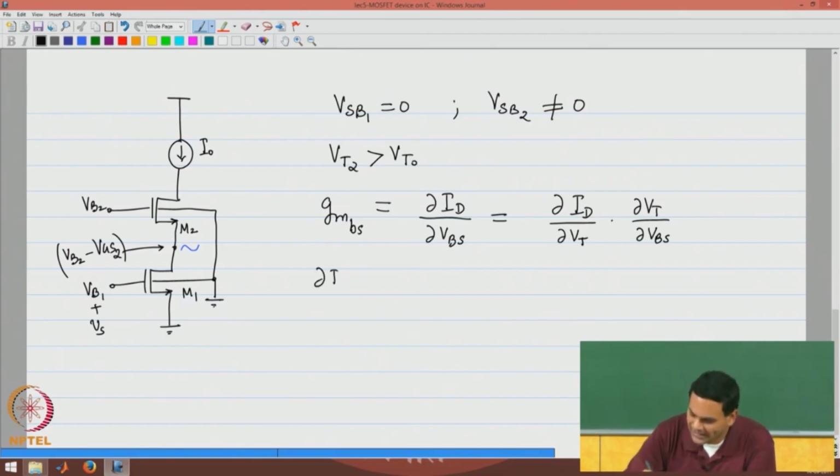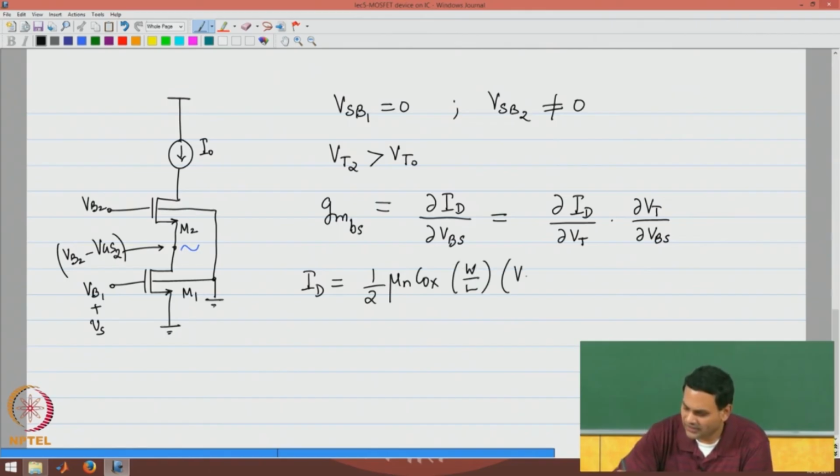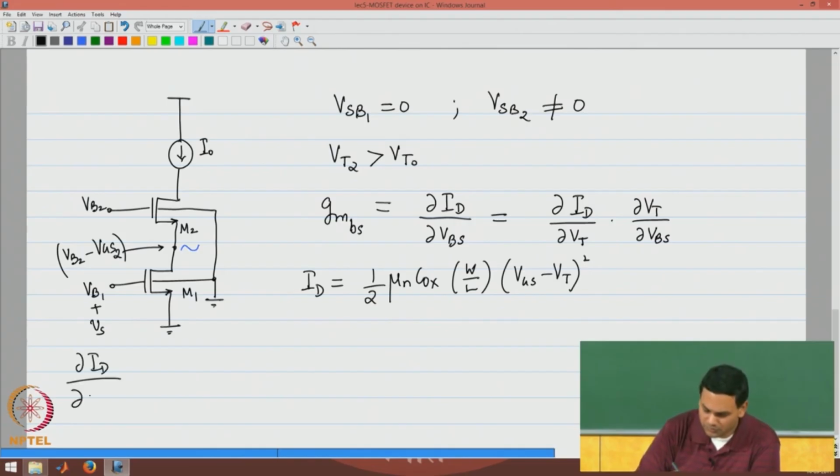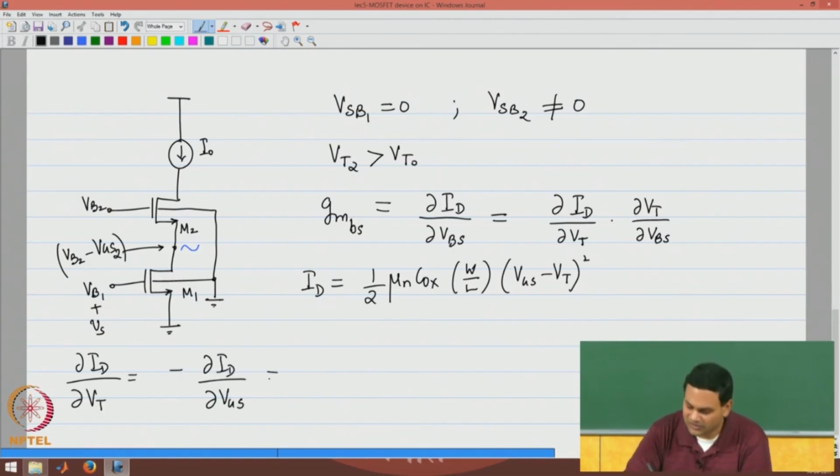Let us look at dou ID over dou Vt. So, ID is clearly half mu n C ox W over L into VGS minus Vt the whole squared. Now, please note that dou ID over dou Vt is the negative of dou ID over dou VGS, which is nothing but minus Gm, where Gm is the transconductance of the device.